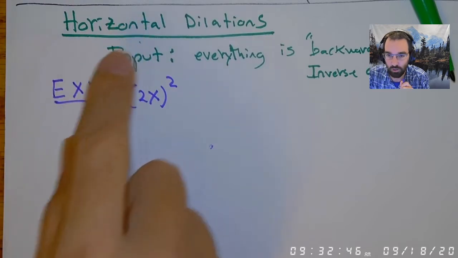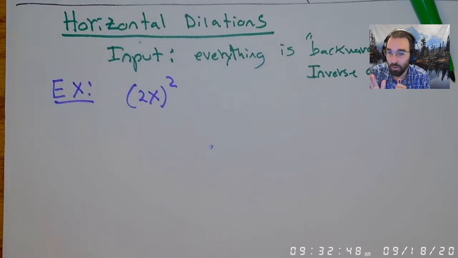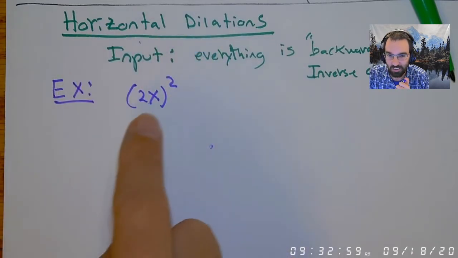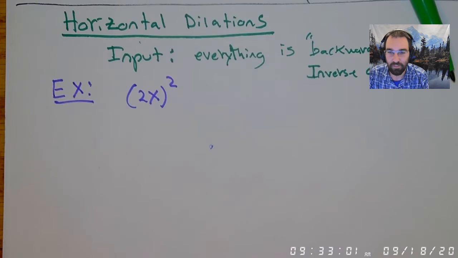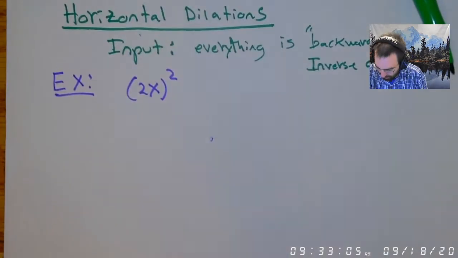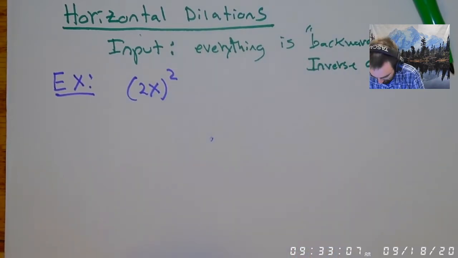Now, this isn't true when we get to trigonometry. A horizontal dilation has a very distinct meaning, and it has nothing to do with the vertical dilation. So I think people get confused here because they're like, why would I ever do horizontal dilations when I can just do all vertical, okay? So I think that's where people get really confused. So I'm going to do this, and then we'll address that later, okay?